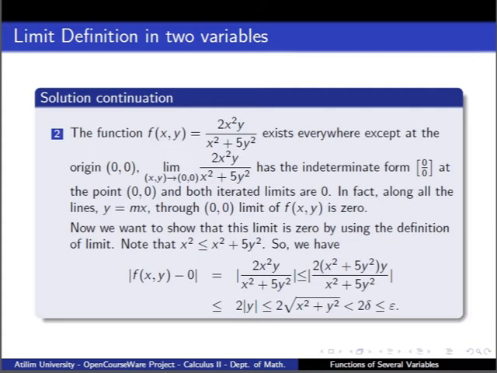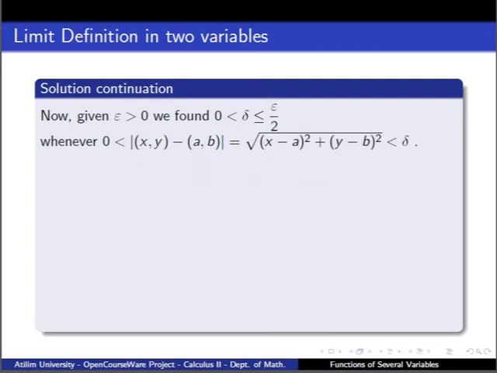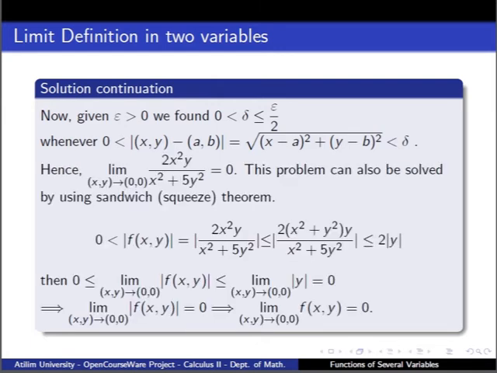And if we say that this is less than or equal to epsilon over 2, then we get a relation between delta and epsilon, which is that we found the delta, which is positive and less than or equal to epsilon, whenever the second line of the inequality here holds. Hence, we can say that this limit is 0 in this case.